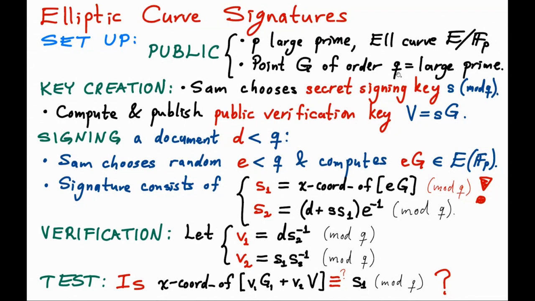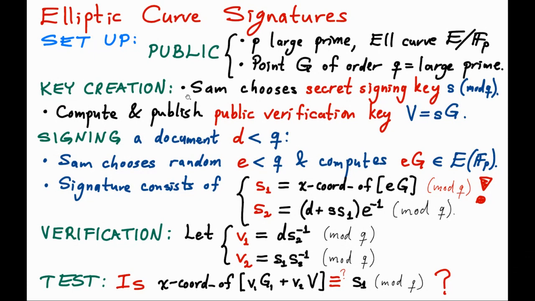This could be done equally well if the order is not a large prime, but in order to have a standard, you just set that to be a prime. So there's two primes here, right? P is the modulus for the coordinates of the elliptic curve, and the order of points is modulo Q. Okay? And now there's going to be a little bit of a funny thing here between doing arithmetic modulo P and also modulo Q at the same time.